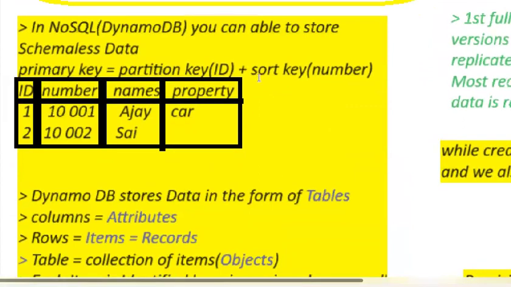If you have a column with some particular ID numbers like this, then you can choose it as an alternative sort key, because by using that also you can identify your item.